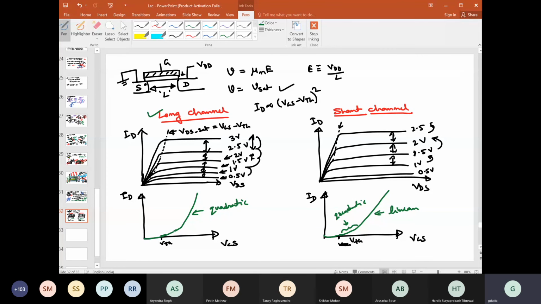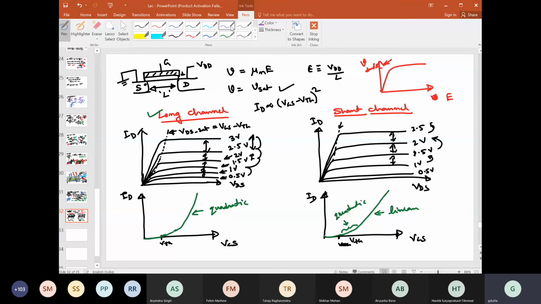Let me quickly tell you first. Suppose I plot this drift velocity versus this electric field, then the plot would be like this, that you have seen, right? This becomes VSAT, the saturation velocity, and the plot would be like this.